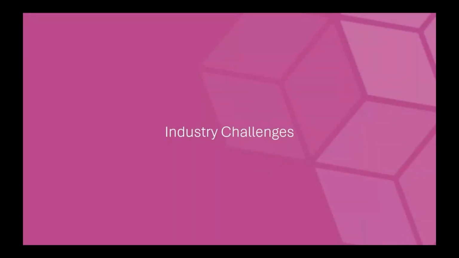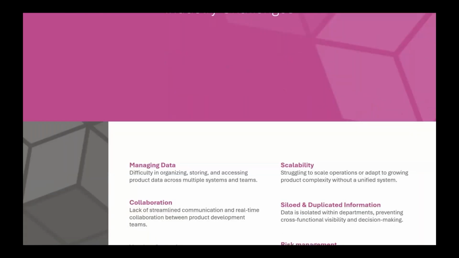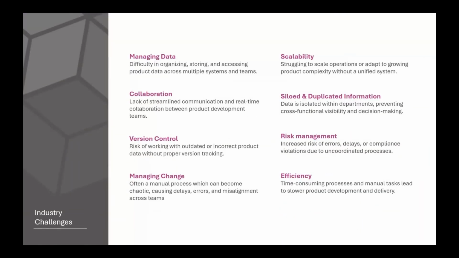Let's then have a look at some current challenges without maybe a PLM tool in place. So without PLM, there are plenty of challenges that you might face as a business, including being able to effectively manage your engineering data. As I said, with the use of network drives, you can run the risk of users overwriting each other's work.